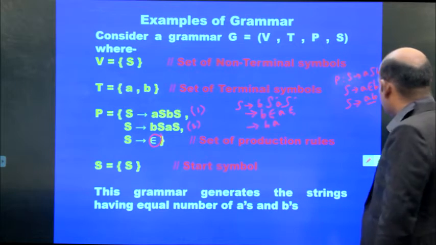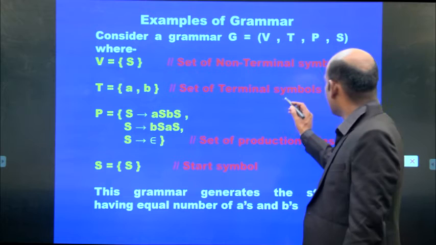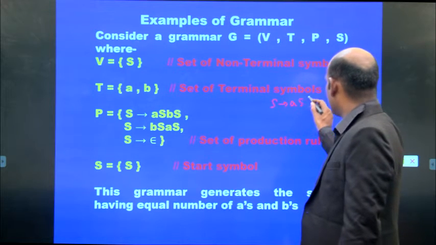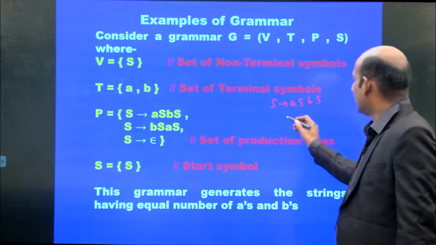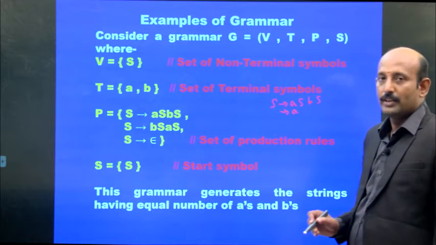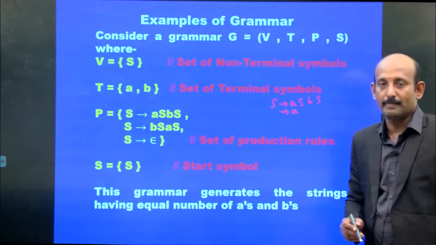Okay, now let's do this again. I take the first production: S implies aSbS. Only the non-terminal symbols can be replaced; terminal symbols we cannot replace.